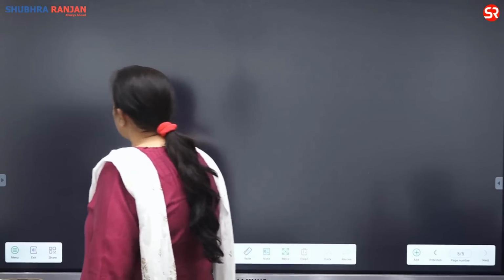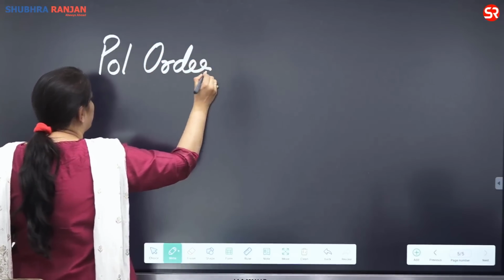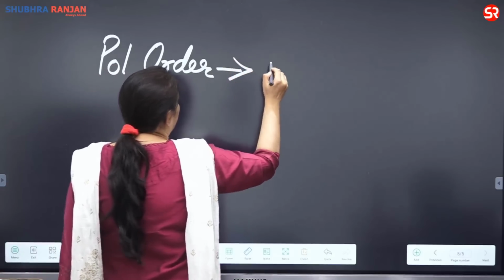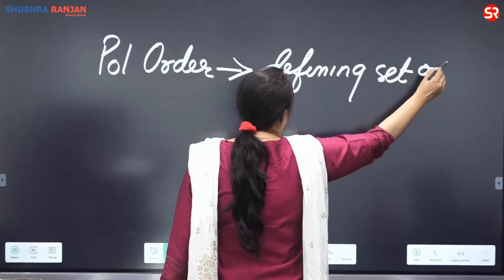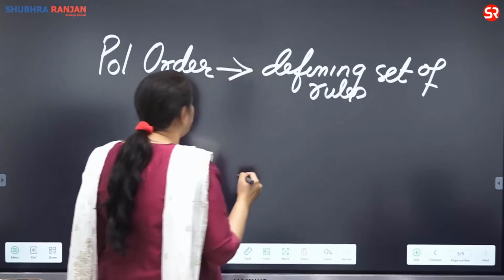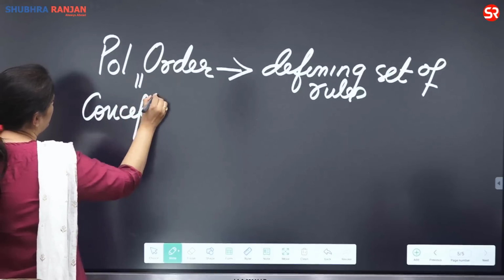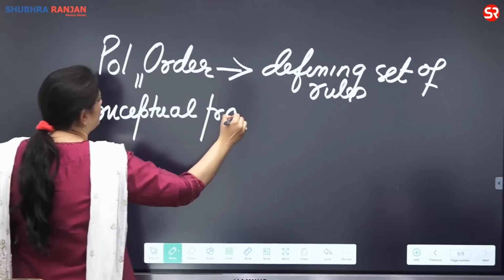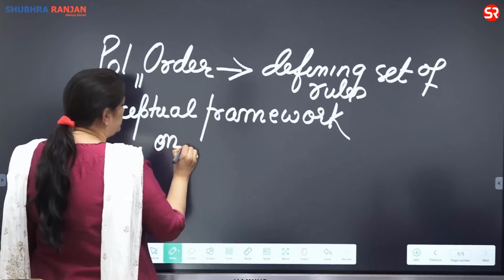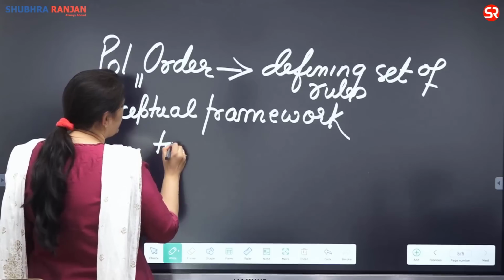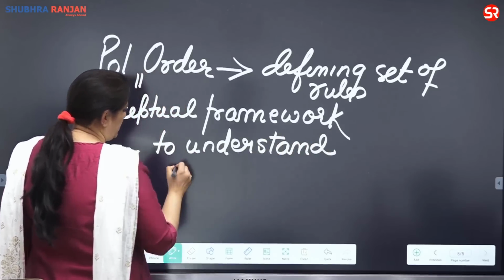If we see the Oxford Dictionary, political order is a defining set of rules, or the concept of political order provides us with a conceptual framework to understand international politics.